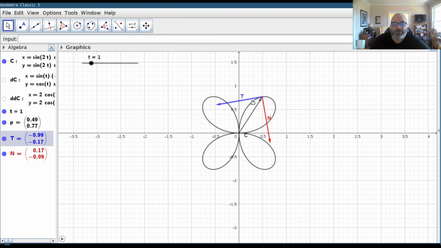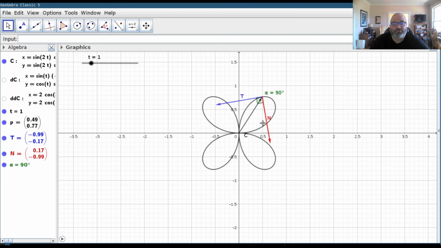That's going to be perpendicular to our unit tangent vector if we measure it. From there to there, sure enough, we end up with an angle that is 90 degrees.